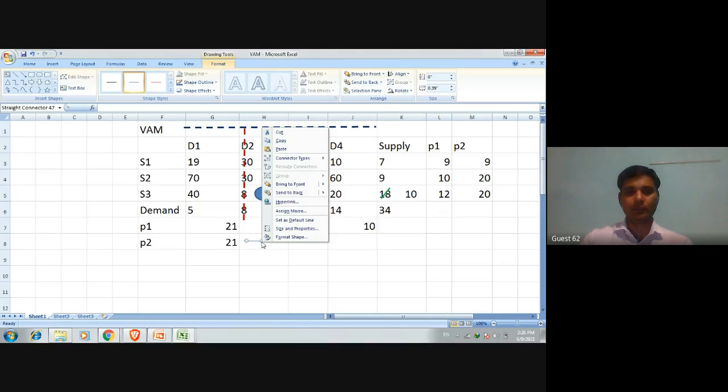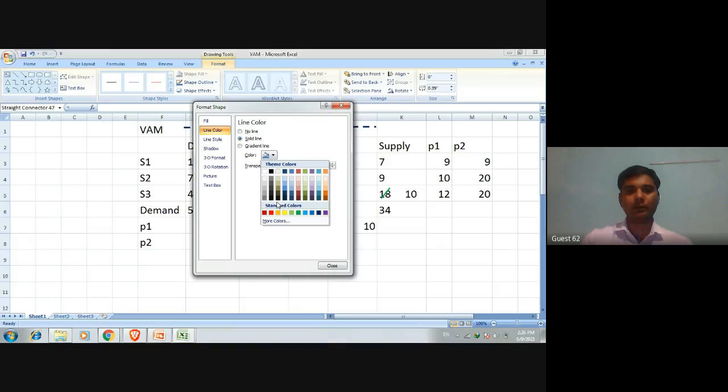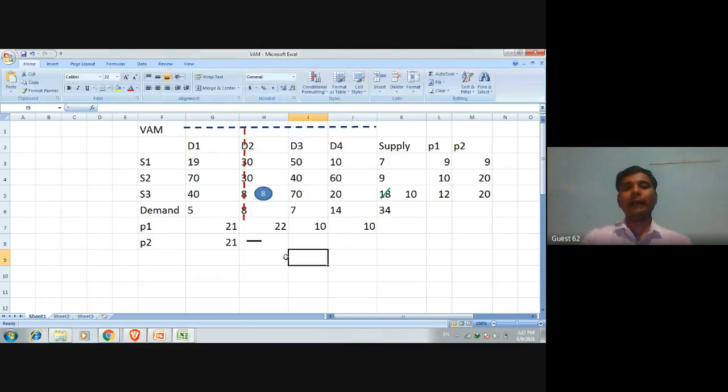Let's make it bold, in black color. Okay. Now I have made a dash here. Now we will calculate the penalty for column D3.